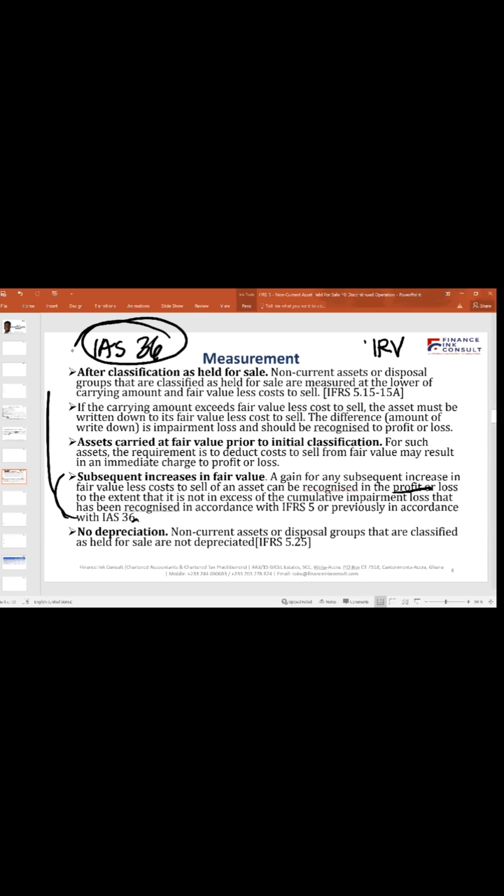Last one, no depreciation. Non-current assets or disposal groups that are classified as held for sale are not depreciated. Paragraph 25 of IFRS 5.